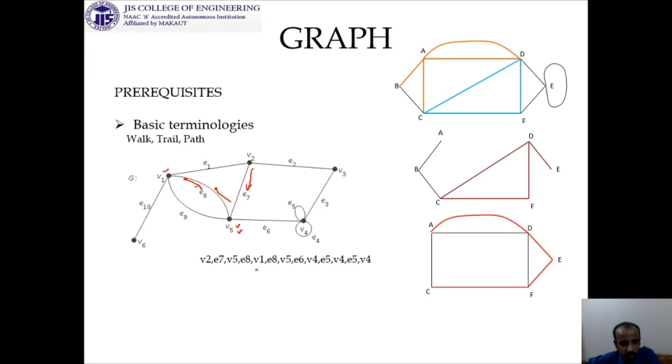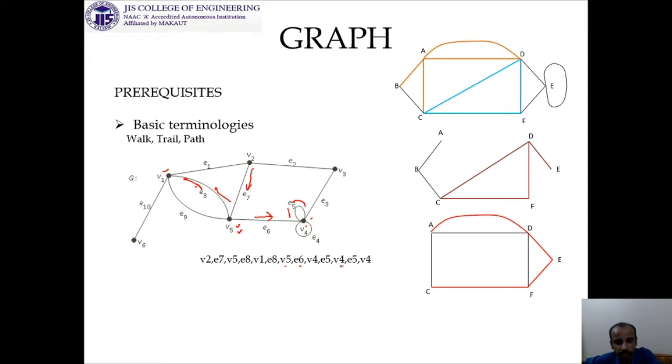So we have this V5, then E6. So E6 is this one, then V4, obviously this one, then E5. That means we are now traversing through this self loop. After that again V4 will come, then again we are taking E5, that means we are walking through this particular self loop twice.